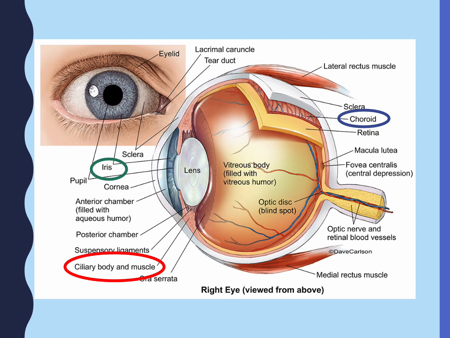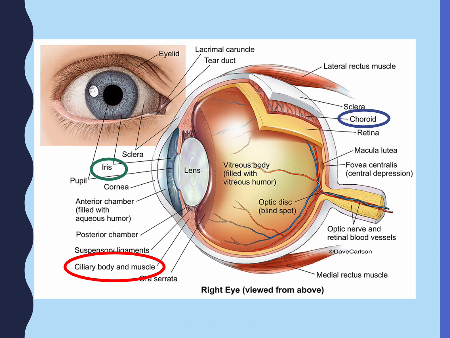All right, now remember that I mentioned that the cornea gets its nutrients from the aqueous humor. Well, the ciliary body is the body that secretes aqueous humor, and it secretes it from these little doodads called the ciliary processes.